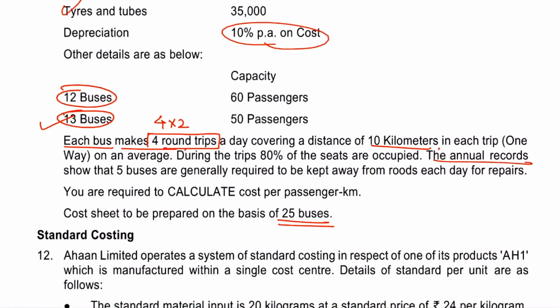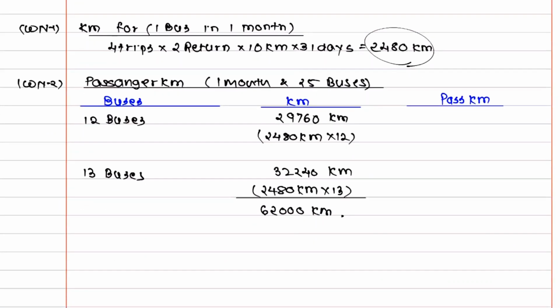The annual records show that 5 buses are generally required to be kept away from the roads each day for repairs. I will repeat. Even though I have 25 buses, at a time we are not going to run 25 buses. We are going to run 20, because 5 buses will be there for repairs. So the diesel cost will not be incurred for those.